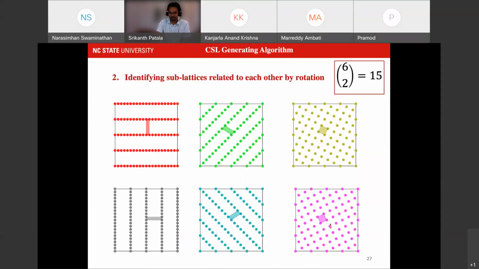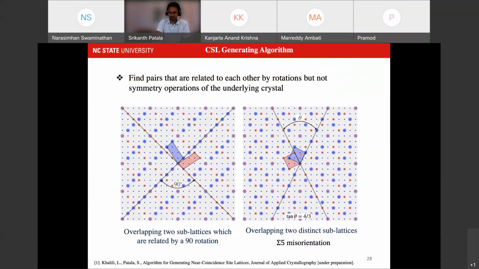One of the examples here is these two sublattices. The rotation is about 37 degrees or so, which gives me a sigma 5 misorientation. So identifying sublattices and identifying orientation relationships automatically gives me these coincident site misorientations.